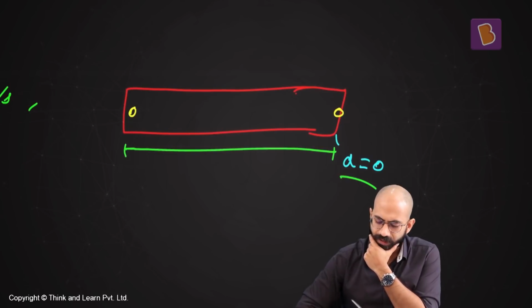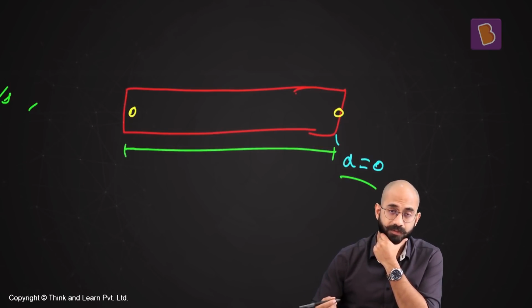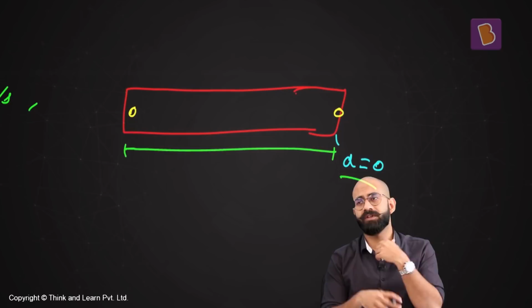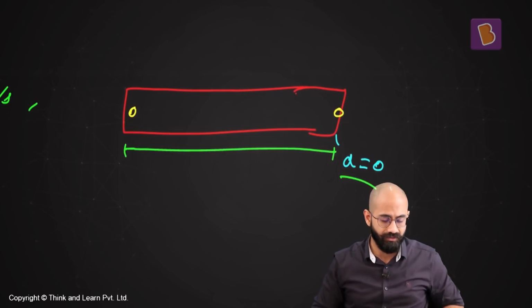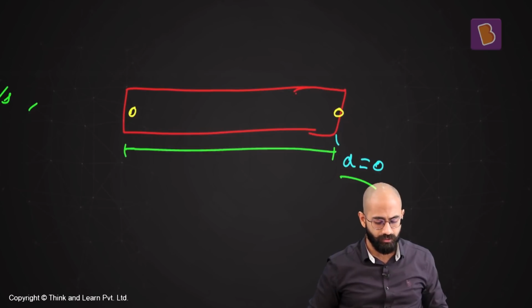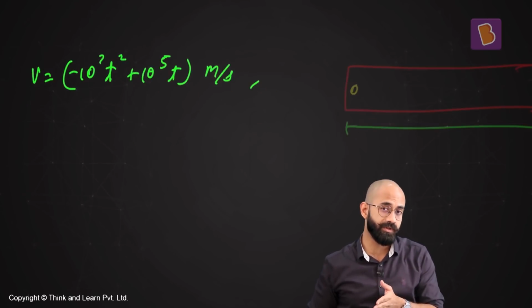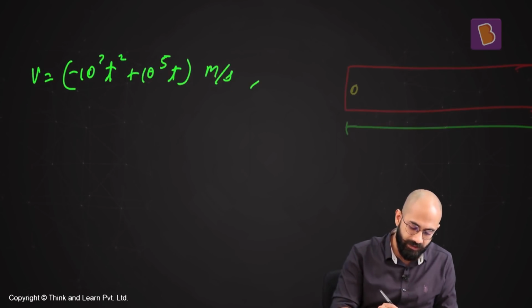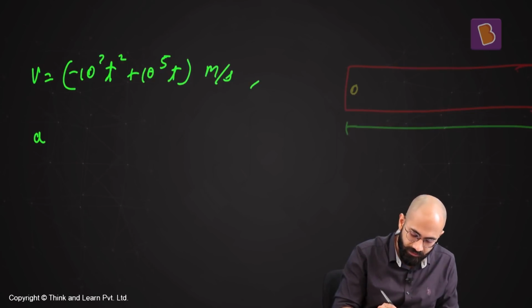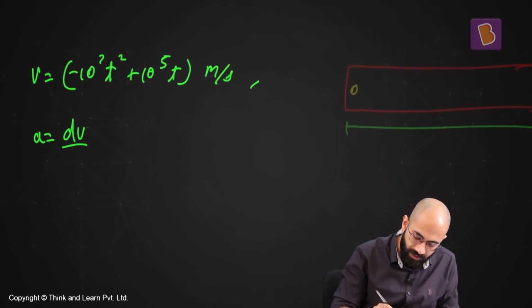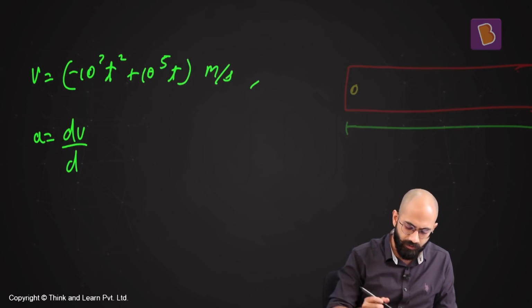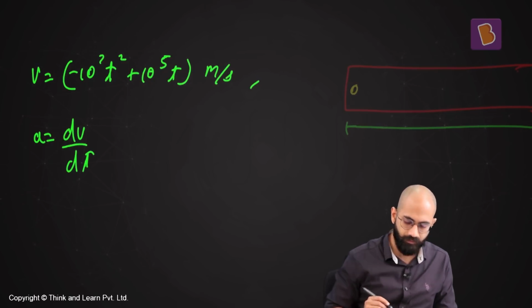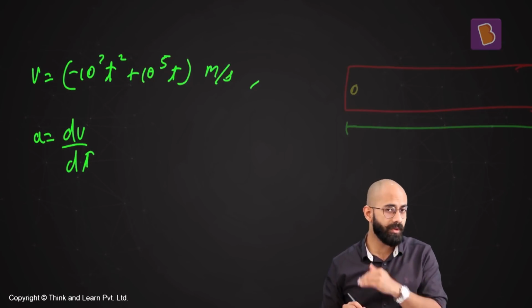It is given that a is equal to 0 here, so the information is given in terms of a. So somehow if we get a relationship between acceleration and time, then that should help us out, right? Cool. So how do we do that? We know that v is this much, and we also know that a, which is acceleration, is equal to dv by dt, correct? So if we just differentiate this equation, because v is given in terms of time, we should be able to find the acceleration.